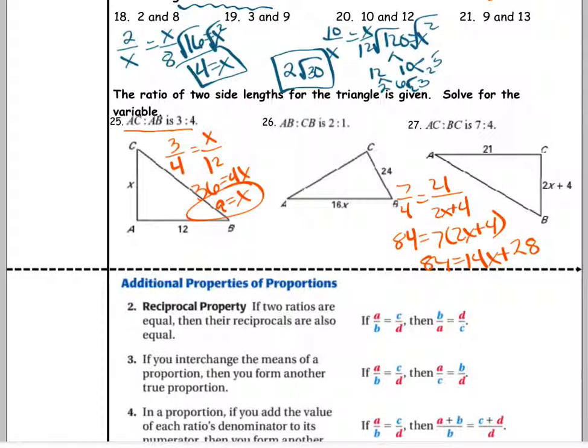And so, just to finish up that solving there, we will do 84 minus 28 and get 56, and then divide by 14, and that gives us 4. So for that one, x is 4, and that's all they said was solve for the variable. They didn't have us solve for the sides.